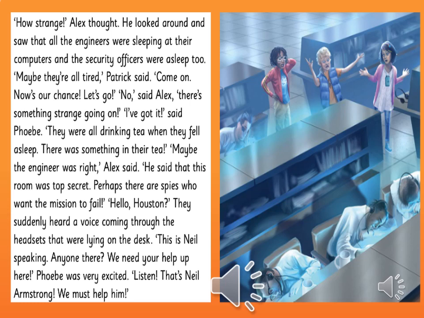And there was a spy that did this to make the mission fail. Suddenly they heard a voice coming through the headset, and it was Neil Armstrong. He asked the children to help him. Neil Armstrong is the first person that landed on the moon.